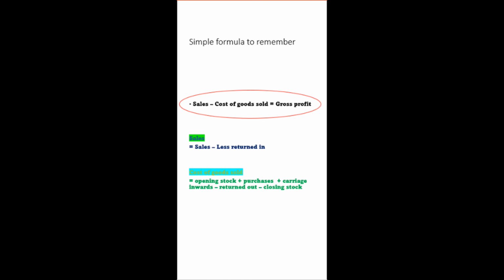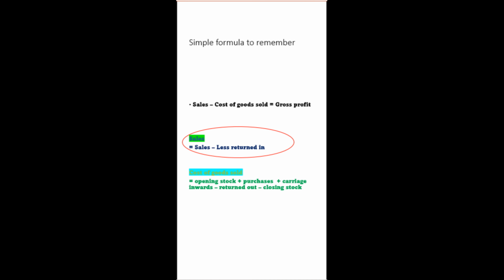But before we do, let's look at a simple formula to remember. When we're preparing the trading account, to get our gross profit, the formula is sales minus cost of goods sold equals our gross profit. For our final figure for sales, we take our sales figure and less return inwards, or sales returns, and we get our final sales figure.